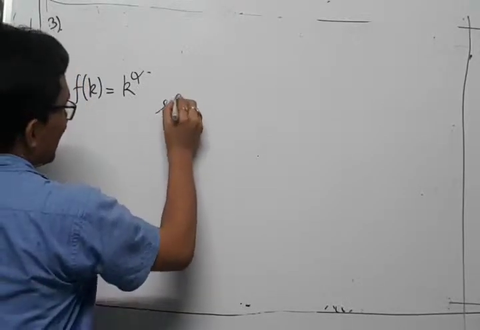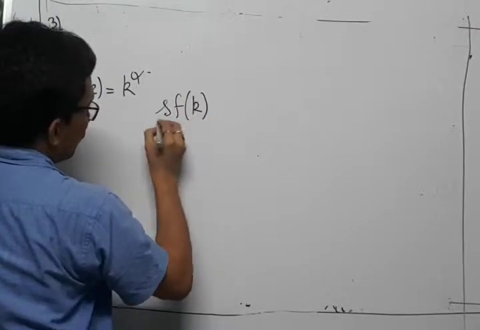So we will be differentiating the investment which we are making, that is s f(k), with respect to alpha.